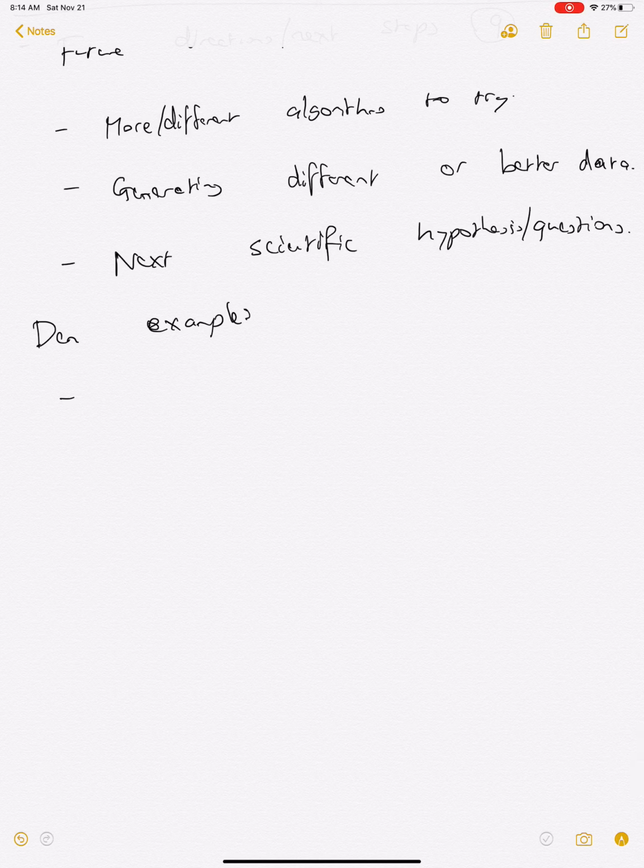For different algorithms, you might think about, as I said, incorporating interactions. That's one key question to think about.